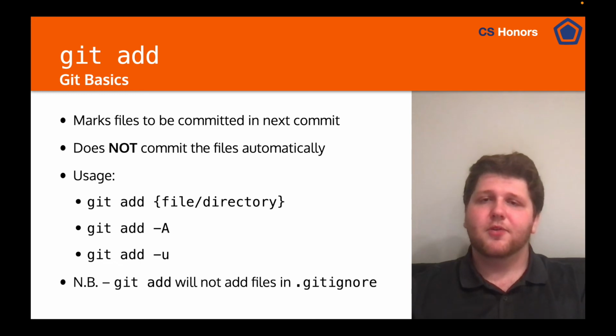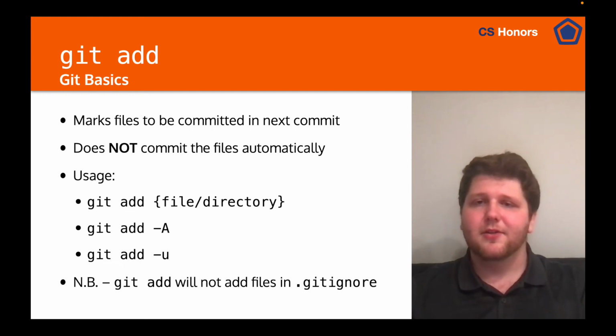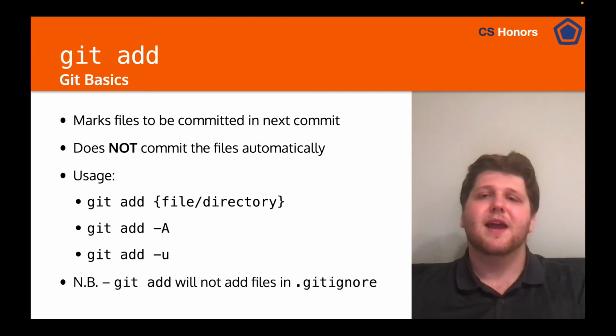If you want to learn more about this, you can Google .gitignore, and it will tell you how to tell Git which files to ignore, right? This is really great if you have something like those build artifacts, because then you can do git add -a and it will ignore them but still add any new files elsewhere.